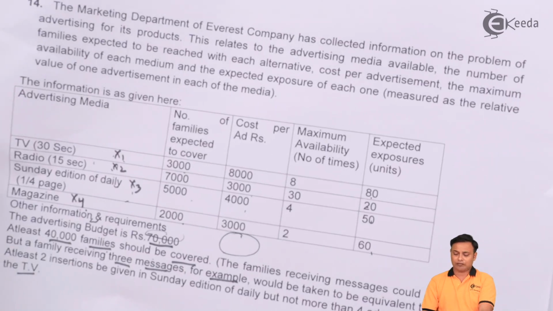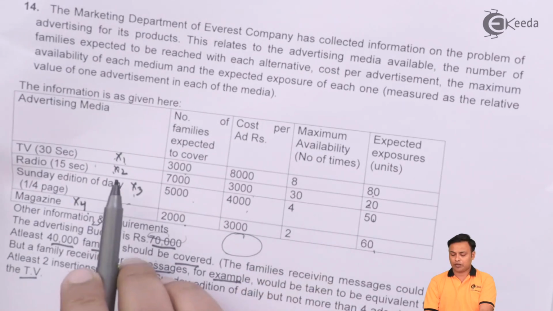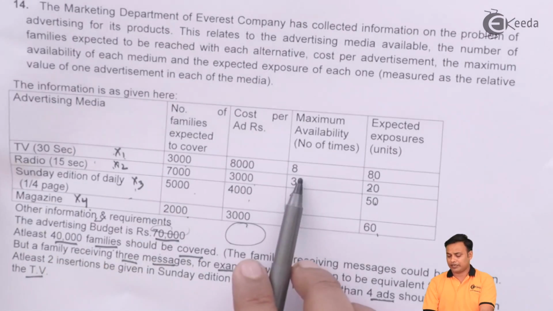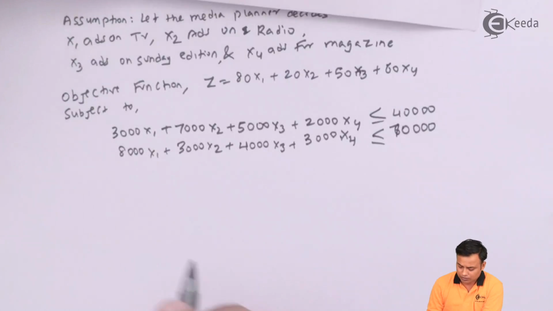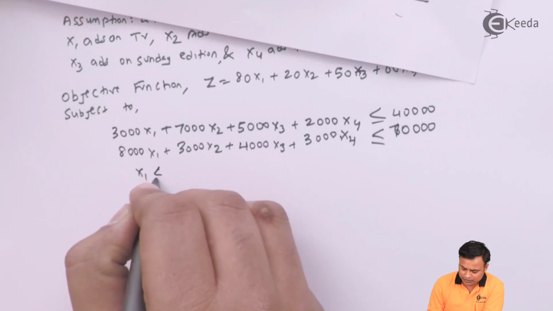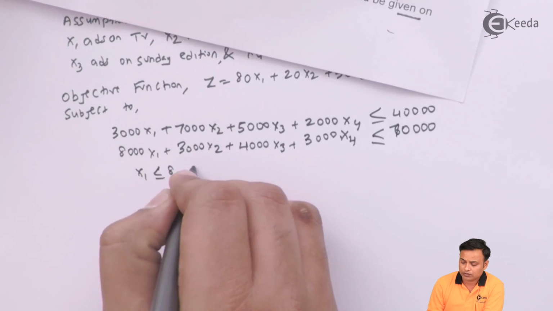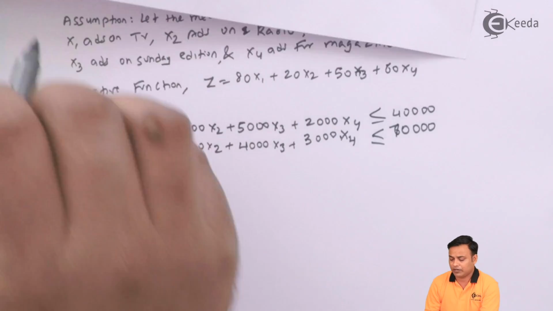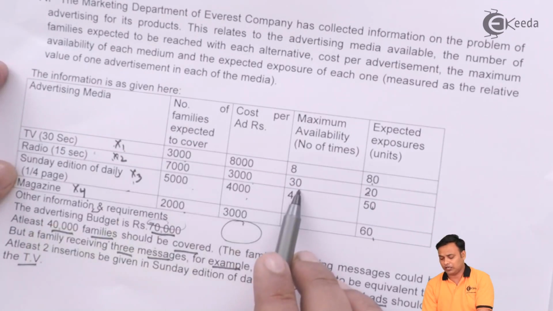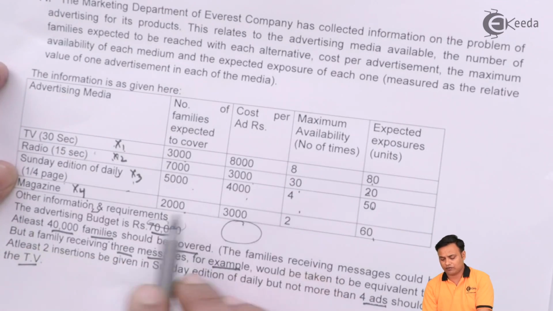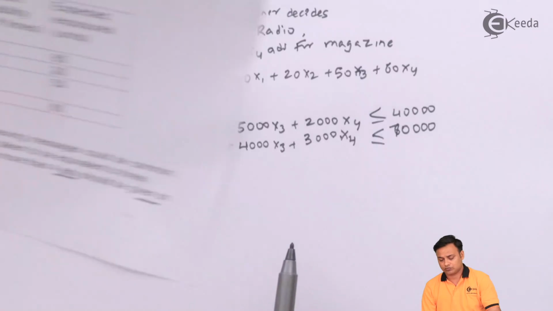The next thing, we have the maximum availability. So my number of advertisements on TV cannot be more than 8. It will be x1 less than or equal to 8. Then we have radio, for which we have 30. For Sunday edition we have 4, and for magazine we have 2.